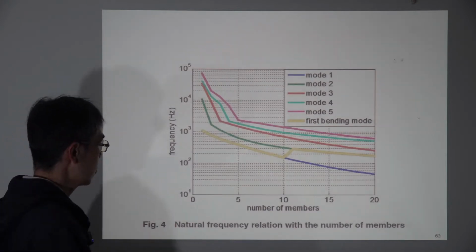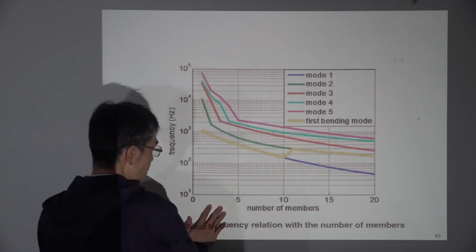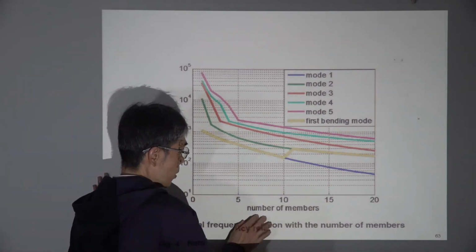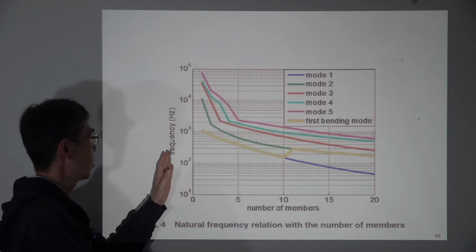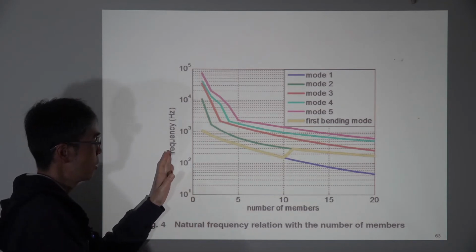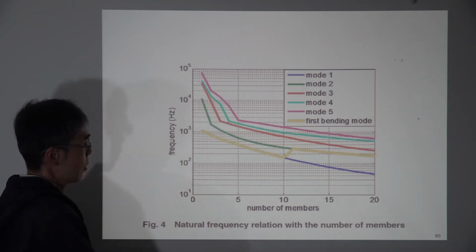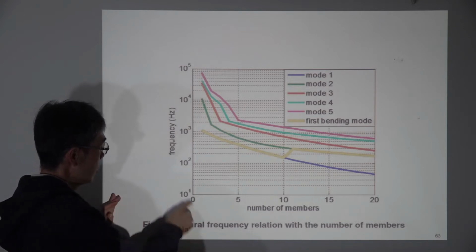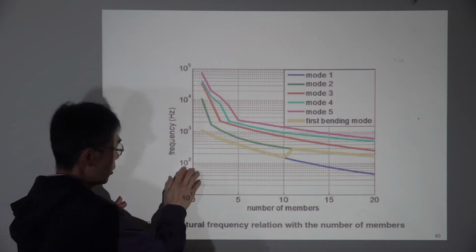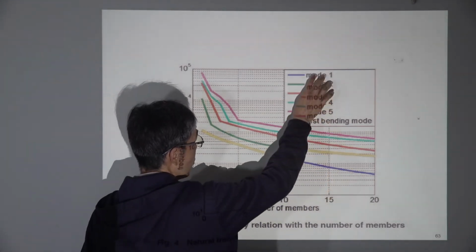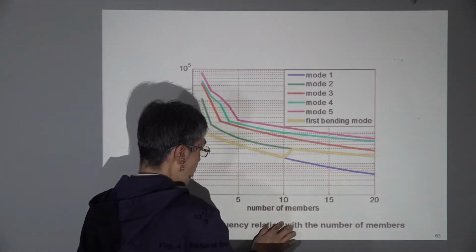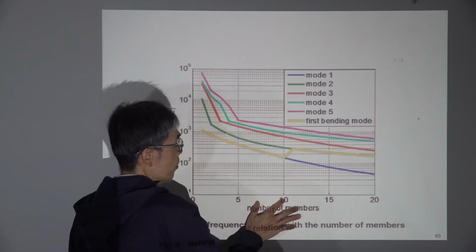Okay, so this figure shows the x-coordinate represents the number of beams. The y-coordinate represents the frequency we solved. So see, the frequency could be lower than 100 Hertz for mode 1 if the segments are larger than 10.